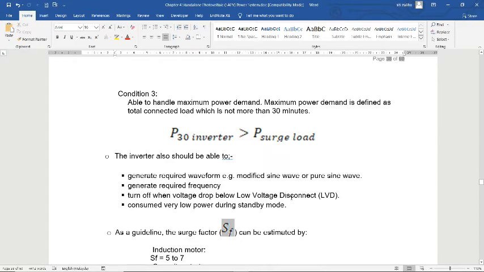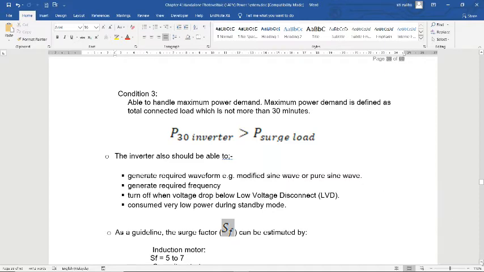So this is what we call anti-islanding. It should have anti-islanding, so it will disconnect when the voltage is low, and consume very low power during standby mode. Okay, this is self-consumption.